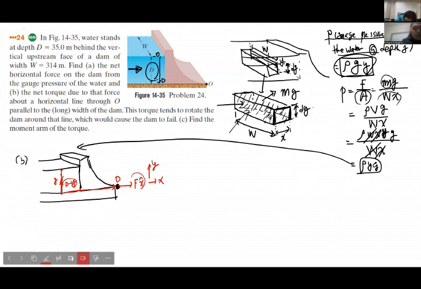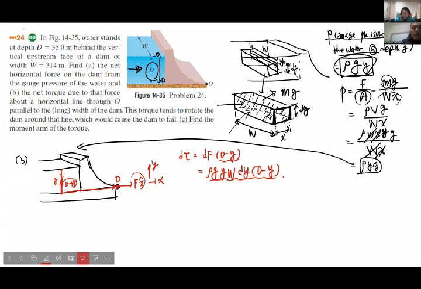So here, the torque applied to this system should be the force dF applied to point O times the radius of d minus y. So here, dF is, as I already showed you, rho g y W dy, now multiplied by d minus y of the radius, right?